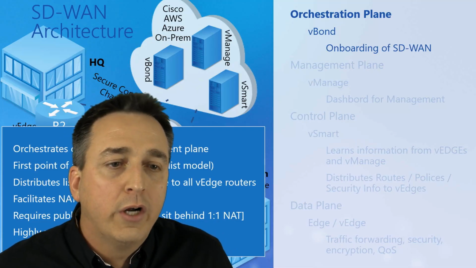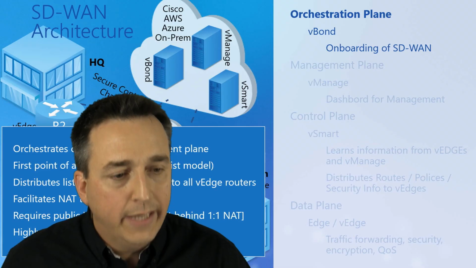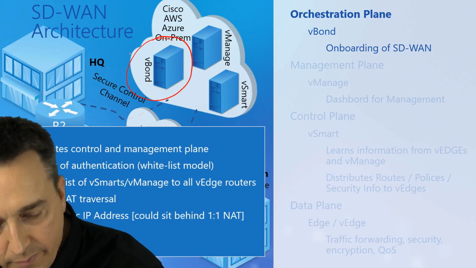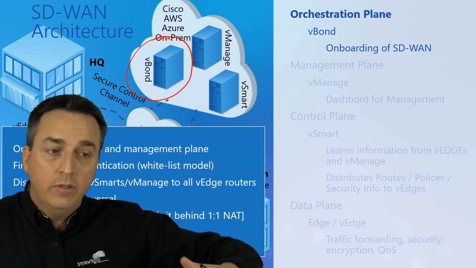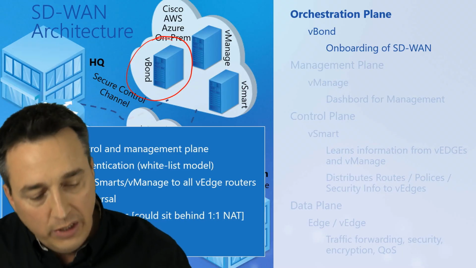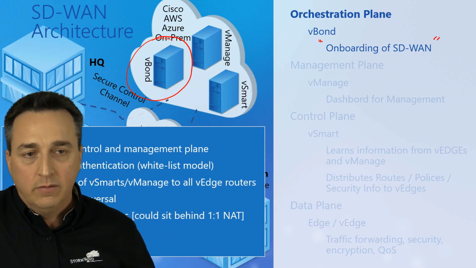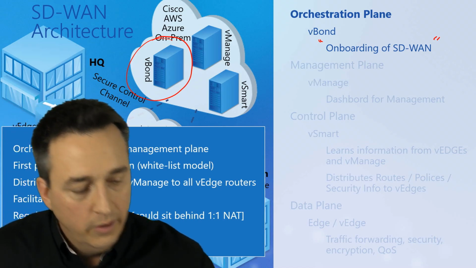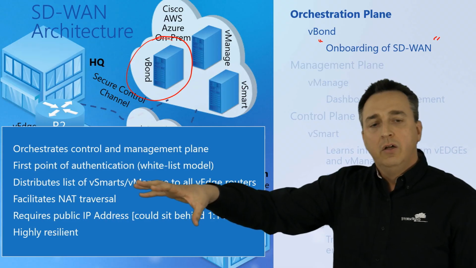So what is our orchestration plane? So folks, our orchestration plane is going to be the device, whether it's on-prem or in cloud, that has the ability to do the onboarding of our entire SD-WAN. So here are some keywords to keep in mind.